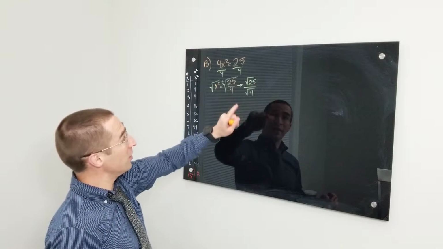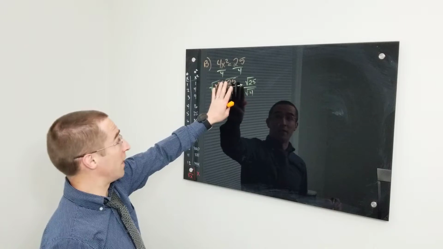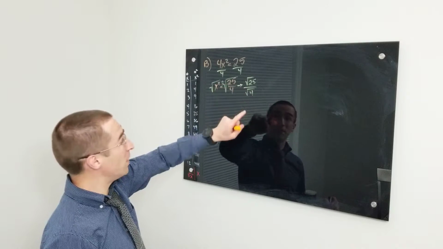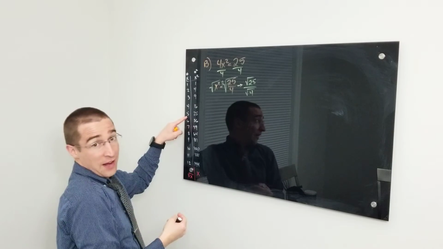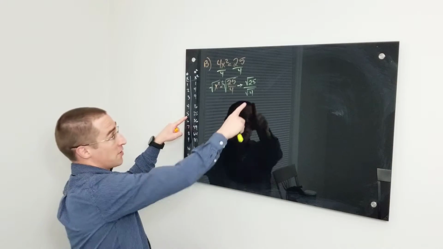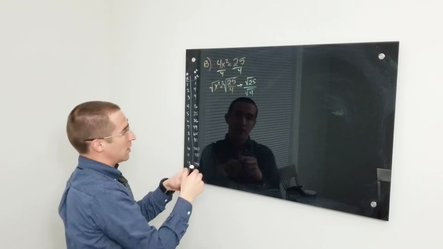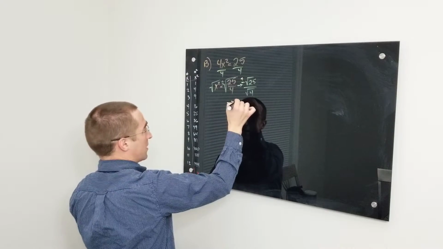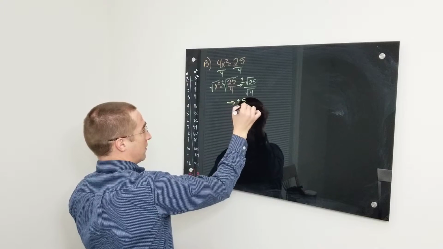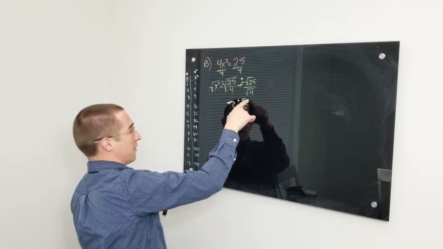So now, hey, look, I didn't know what the square root of 25 fourths was, but I know the square root of 25 is 5, because 5 times 5 is 25. And I know the square root of 4 is 2. So here, my answer, and we still have that plus minus, is plus or minus 5 over 2, because the square root of 25 is 5.